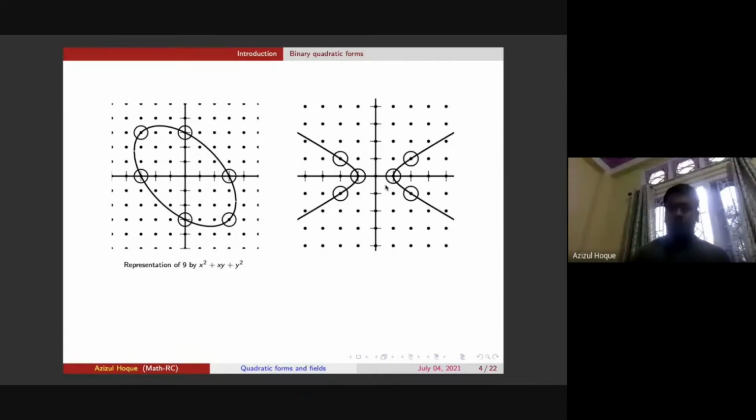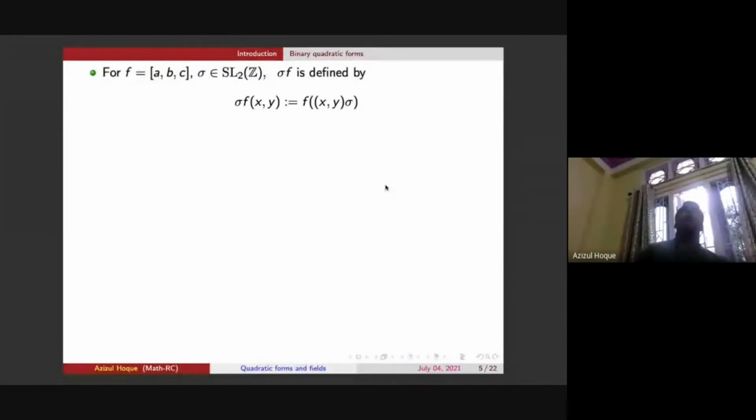So similarly, we have another example. Okay, so next, suppose we are given a binary quadratic form. Is it possible to construct another binary quadratic form with the help of the given one?